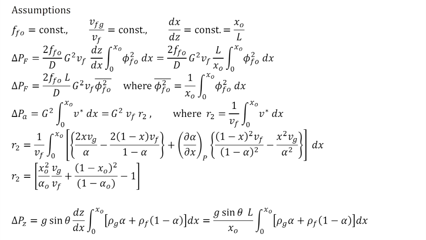You can do this integration as homework, check whether you get the same expression. Now, delta Pz, here we get g sin theta L upon xo integral 0 to xo rho g alpha plus rho f 1 minus alpha dx.